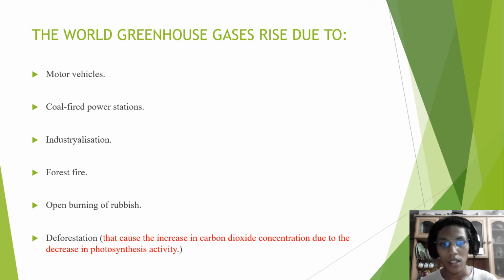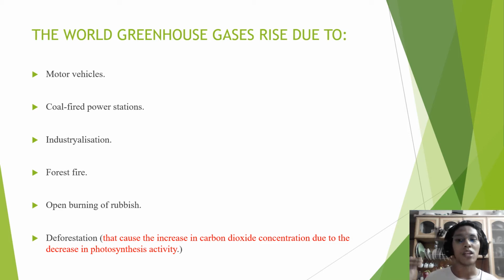Okay, so the third one is industrialization. Industrialization basically means that many new factories are opened. As you know, when a factory operates, for example a cement factory, a box factory, or a plastic equipment factory, it will produce smoke.